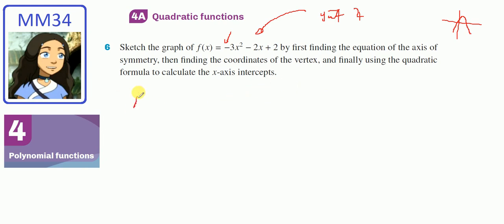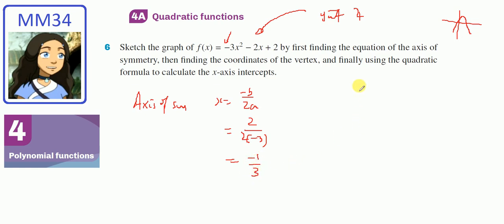So the axis of symmetry will be x equals minus b on 2a, which in this case will be minus 2, which is 2, on 2 times negative 3, which is negative 1/3.